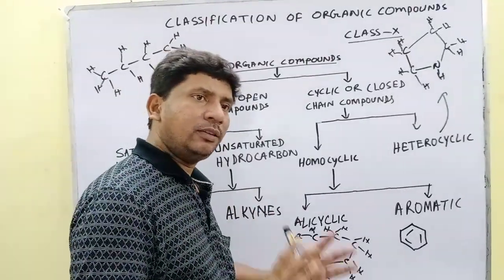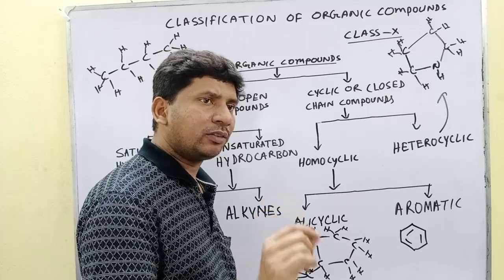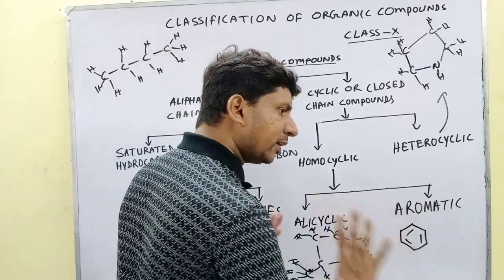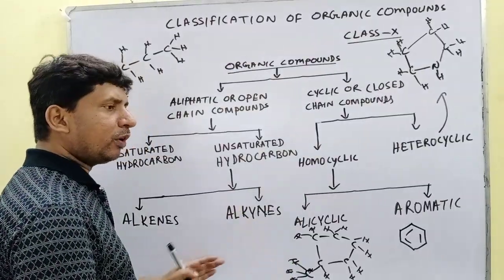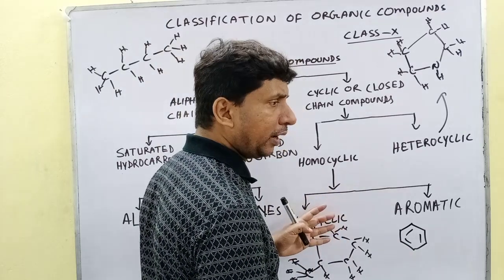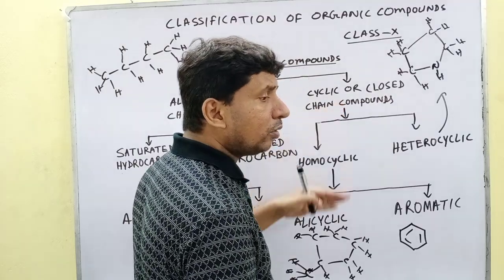I have a lecture on my YouTube channel. You may search aromatic Dr. HSB classes aromatic compound, then you will get the lecture for the whole aromatic compound topic, because there are so many aromatic compounds and a list of characteristics.